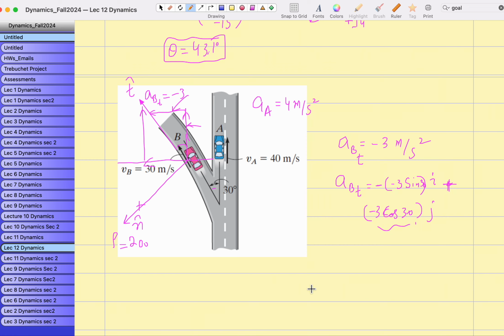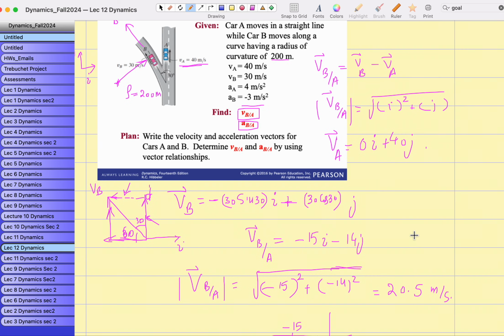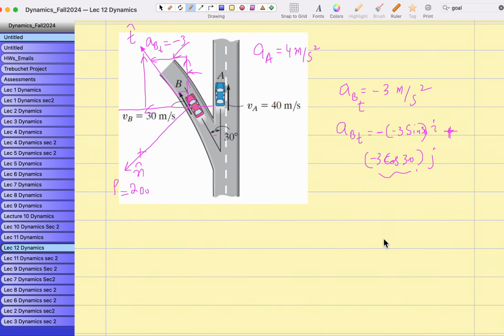Do you understand? I have resolved the tangential component of the acceleration into I and j components, because my major objective is to use this formula: subtract the ith from ith components, jth from jth components. First you resolve this into rectangular components.